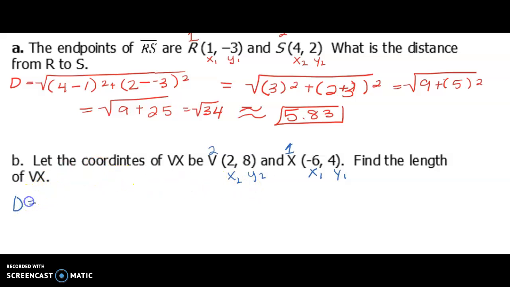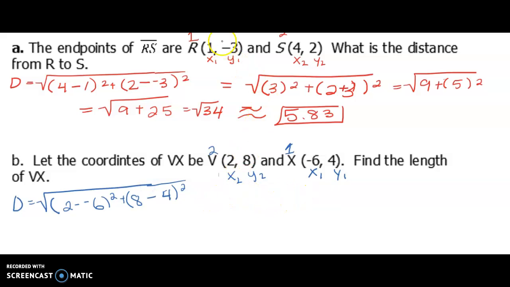So the distance formula is the square root of x2, which is 2, minus x1, which is a negative 6, squared, plus y2 is 8, minus y1 is 4, and that's also squared.